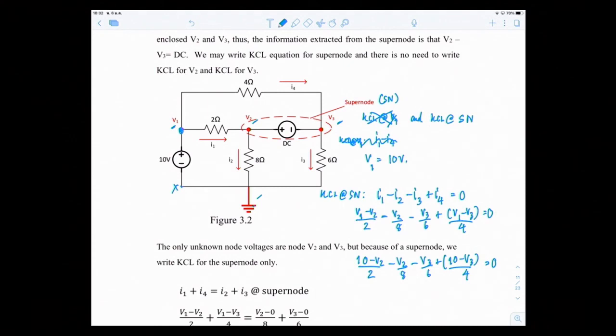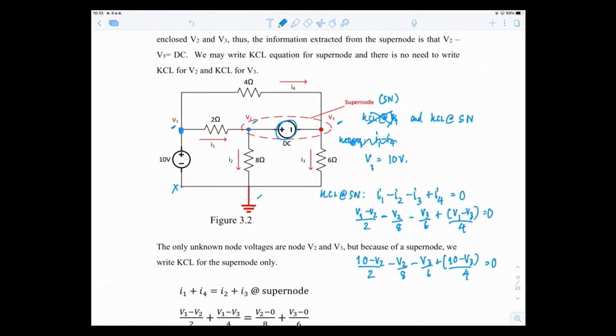So therefore, you have two unknowns, V2 and V3. If you have two unknowns, you need another equation to solve the problem, correct? So where is the other equation that would help you? Well, it's at the supernode. The supernode tells us that between V2 and V3, the voltage value is this voltage source right here.